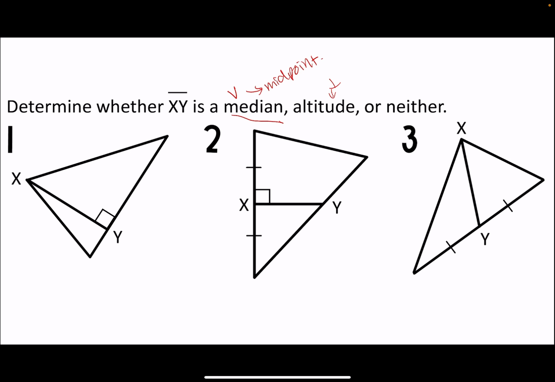For number 1, we're going to see that this is a right angle, and it's hitting it from the vertex to the opposite side at a perpendicular, so it's an altitude. Number 2, even though it's splitting it in half and at a perpendicular angle, it's not a median or an altitude. It's neither. And number 3 goes from your vertex to the middle of the opposite side, so it's going to be your median.